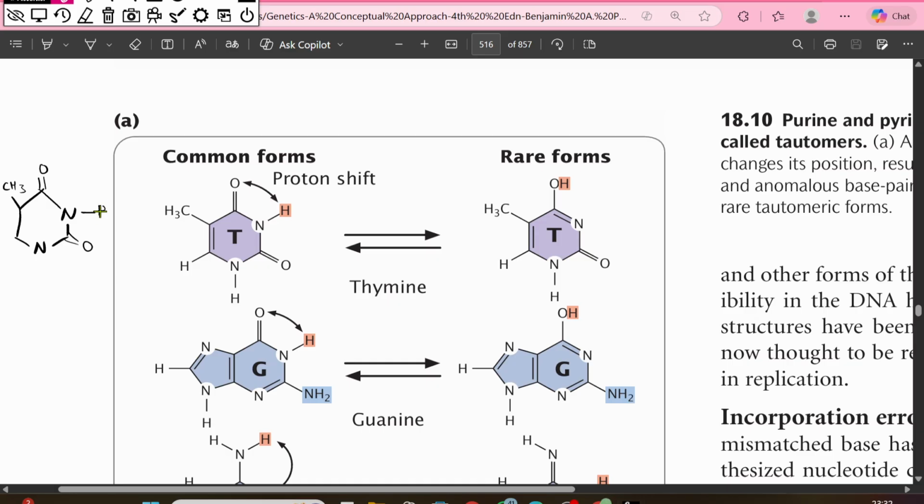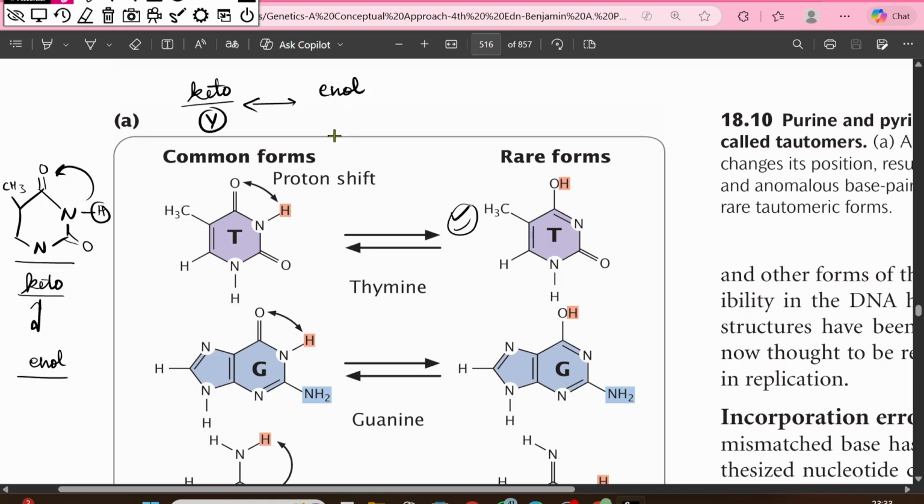Now the H which is attached here is moved onto this O. So this forms this kind of structure. This is a keto form of pyrimidine. It is converted into the enol form. So always remember, in tautomers, the keto form of the pyrimidine is converted into the enol form.